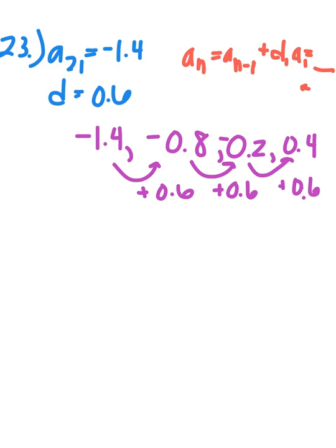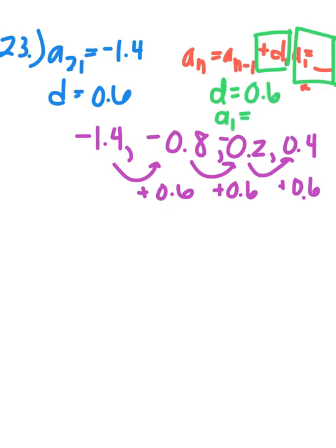They also want us to write the recursive rule. So we need to find d and we need to find a sub 1. So d, which we know is 0.6, and a sub 1. So to find a sub 1, which we don't know, I'm actually going to use the explicit rule, even though it's asking for the recursive rule, because the recursive rule isn't very helpful in that case.